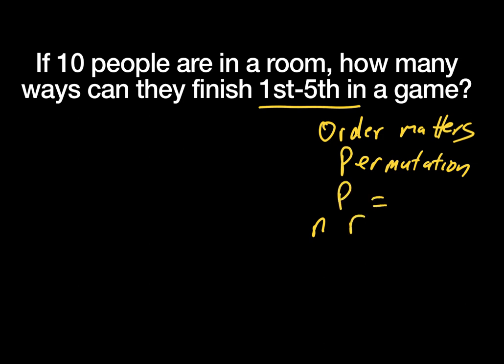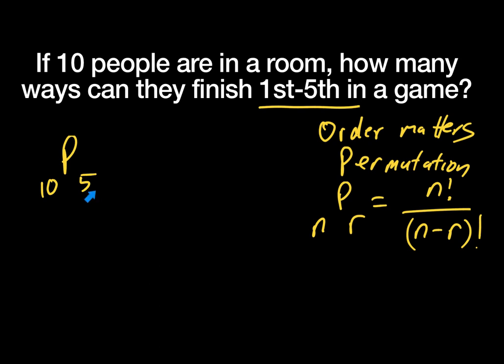The permutation formula is n factorial over n minus r factorial. So in this case, that would be n, 10 people, permutation r, I want them to be 5 place finishes: first, second, third, fourth, fifth. If it were first through third place, then this number here is a 3. Basically, I'm saying I've got 10 people, I want to pick them in order, and I want to have 5 of them in order.